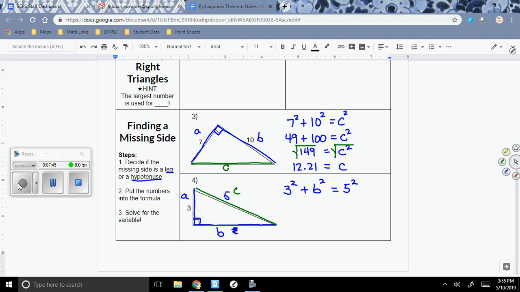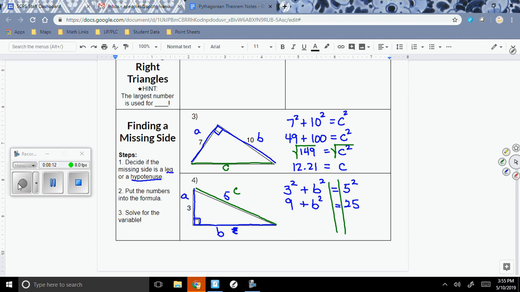So this one, since my unknown variable is kind of mixed into that equation, it's almost like I'm going to draw my railroad tracks and try to solve this. So let's go ahead and solve out those ones that we've squared. So 3 squared equals 9 plus B squared, still going to keep that like that, and 5 squared is 25.